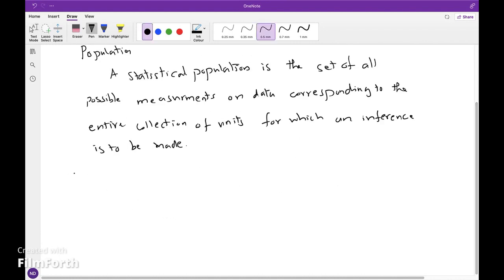Sample. A sample is a part of the statistical population.